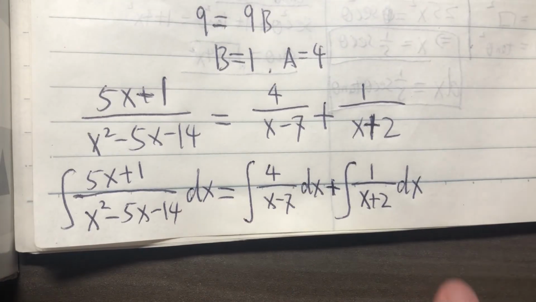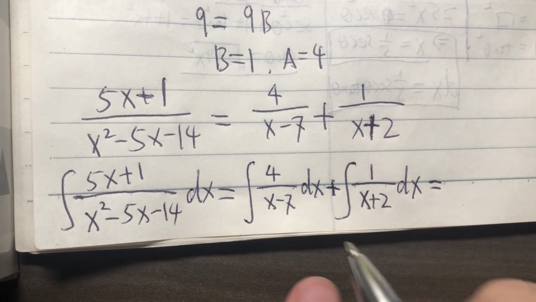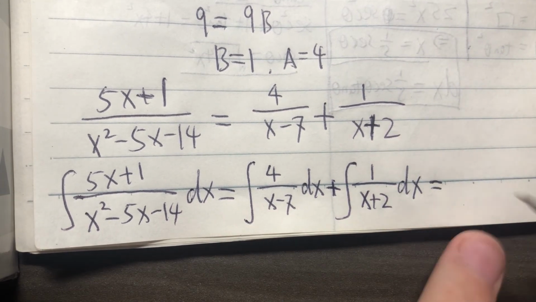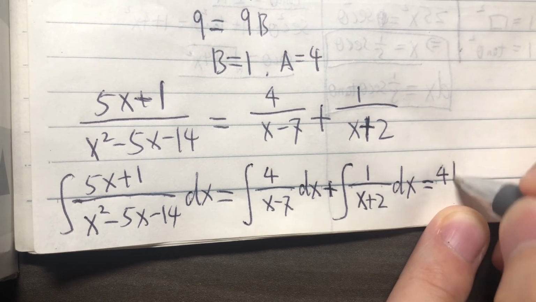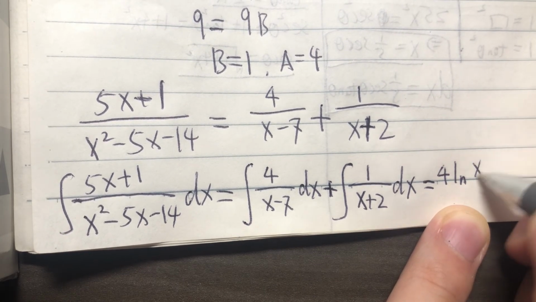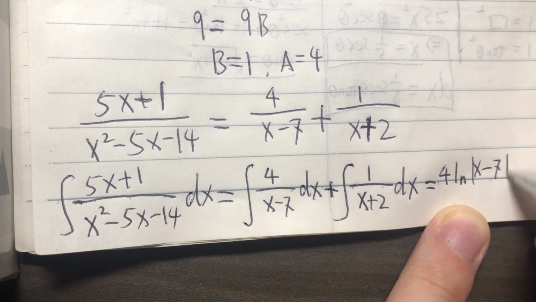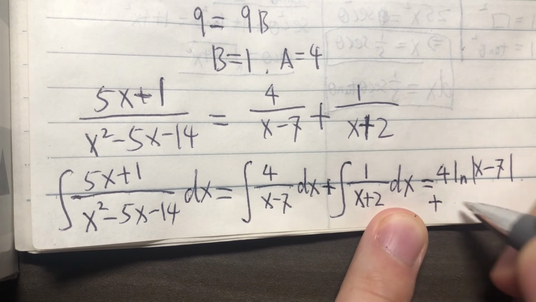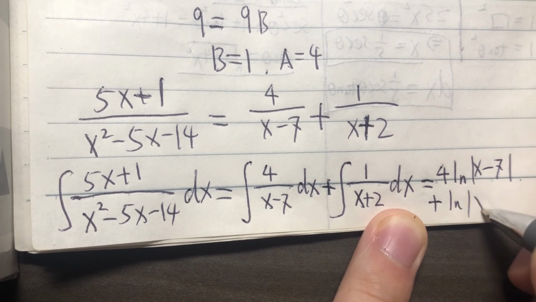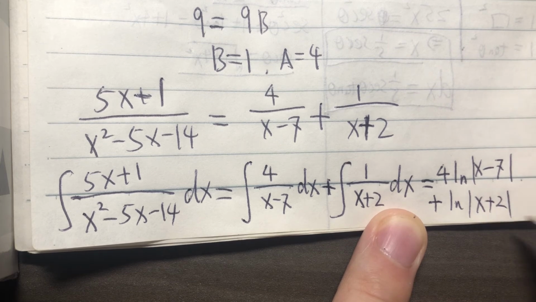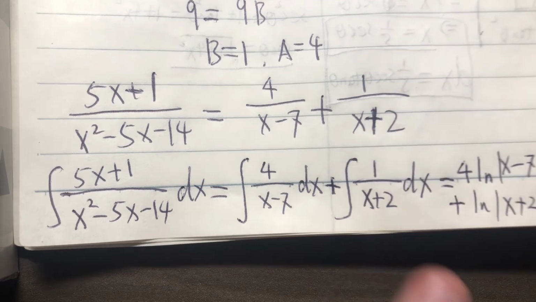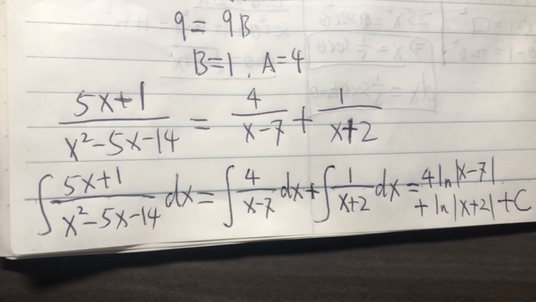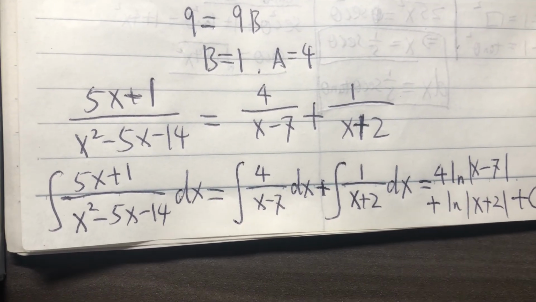We love summation in integrals, because we can separate them. So this one is 4 times ln of x minus 7, plus ln of x plus 2, plus c. Don't forget the constant c.